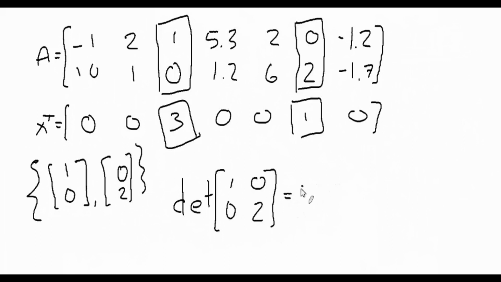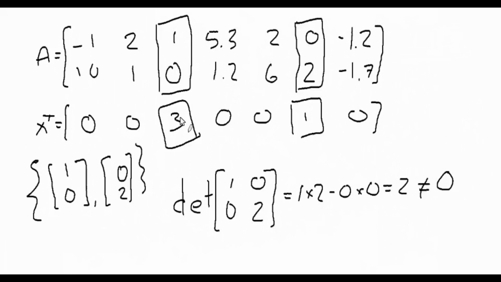It is 1 times 2 minus 0 times 0 is equal to 2. It is not equal to 0. Therefore, these two vectors are linearly independent. So the columns of A that correspond to the non-zero elements of X are linearly independent.